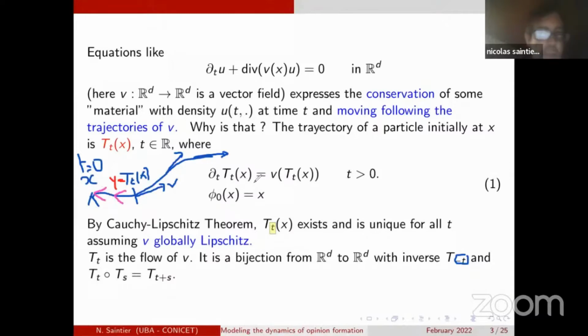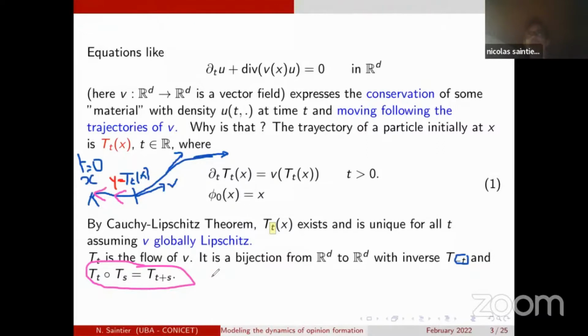As a consequence of existence and uniqueness, you also get this semigroup property of the flow, which means that if you want to go from x at time 0 to some point at time t plus s, you can do that in two steps.